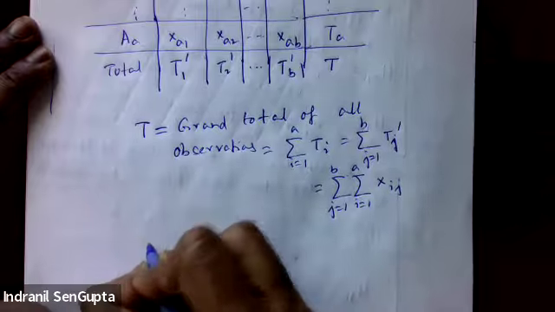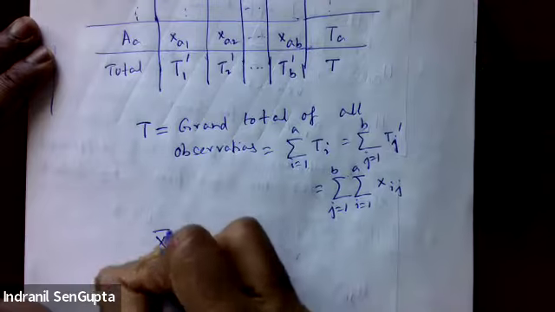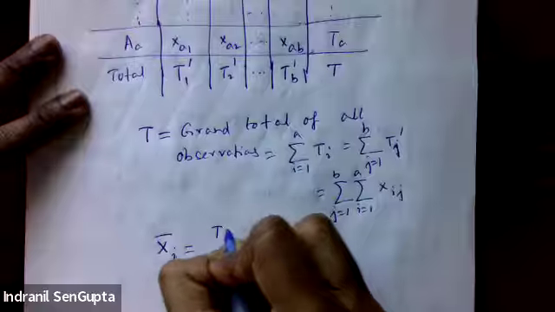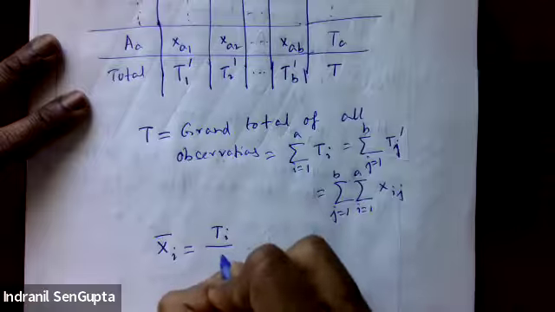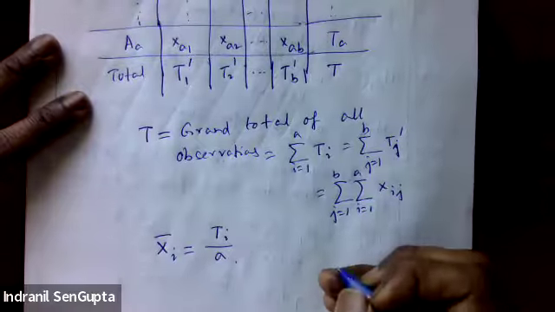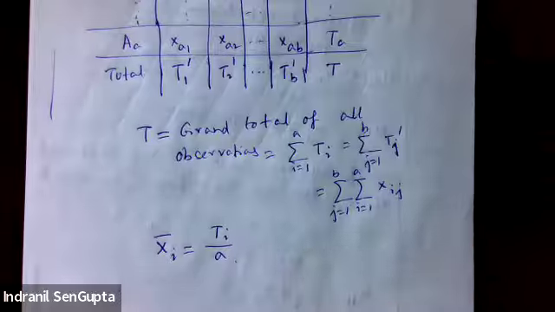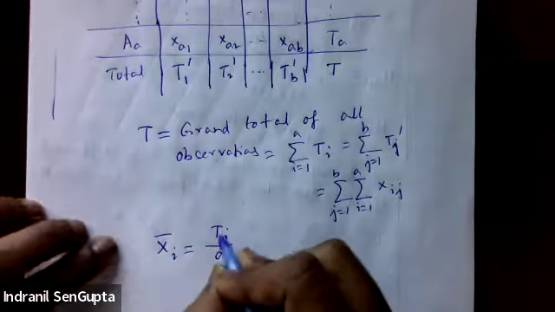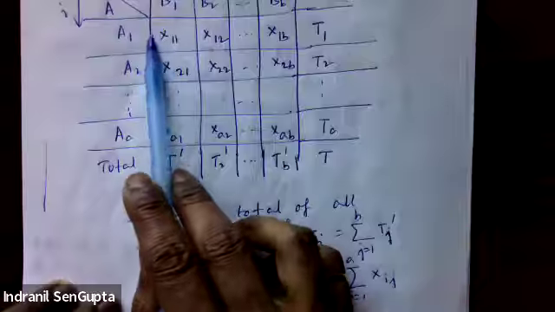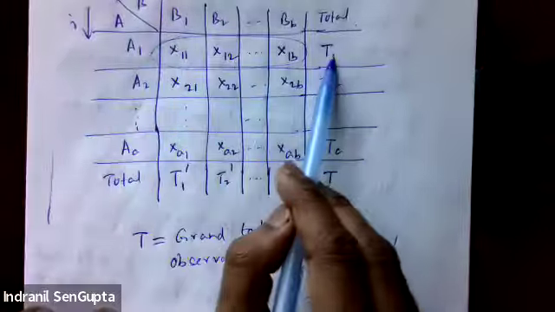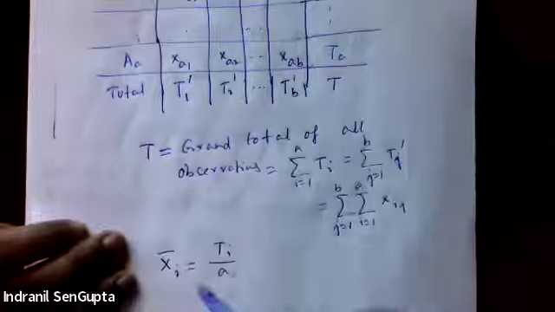Now I'll be writing x i bar as Ti over b. So, sorry, what I meant to say is this is the mean for the ith row. For example, if I want to compute the mean for this one, the sum of this one is T1, and I have to divide by b.